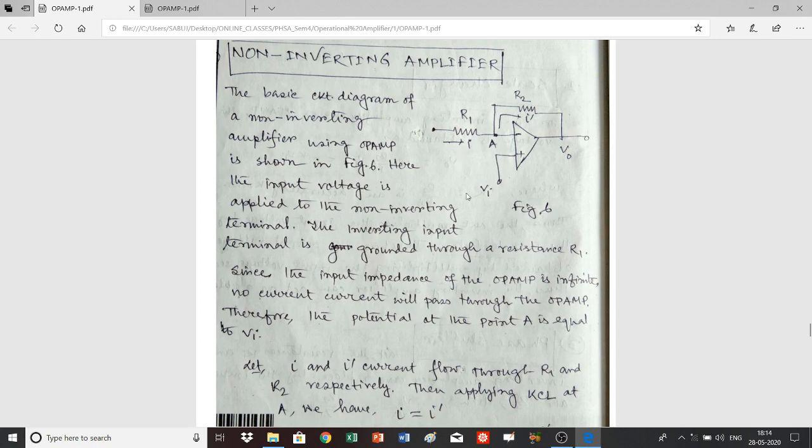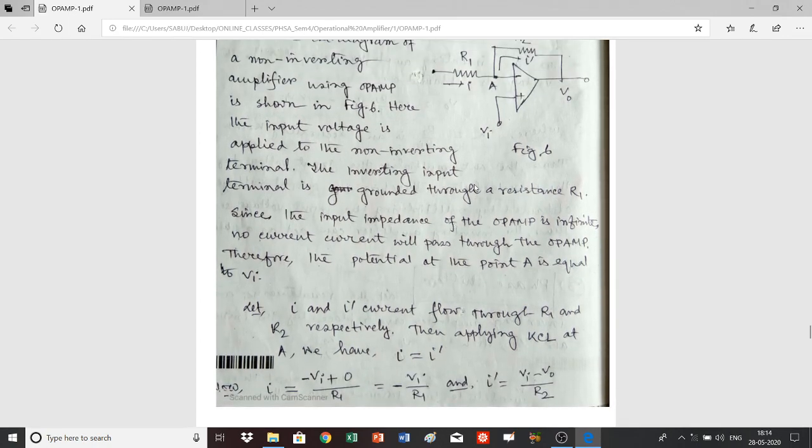That means I is equal to I prime, and now I is equal to the voltage difference between these two points divided by R1. That means 0 minus Vi, since the potential of the point A is Vi, so 0 minus Vi by R1, that is equal to minus Vi by R1.